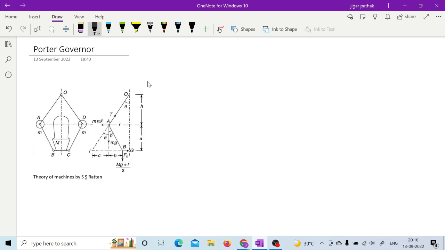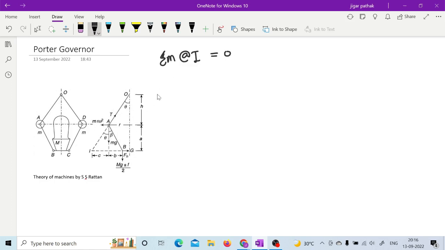You have different forces like the centrifugal force acting on the balls, then the mg of those fly balls, which is acting downward here, and the extra mass m which you have added. And you are also considering the frictional force. So if you consider the moment of all these forces, sigma of moment about I is equal to 0.